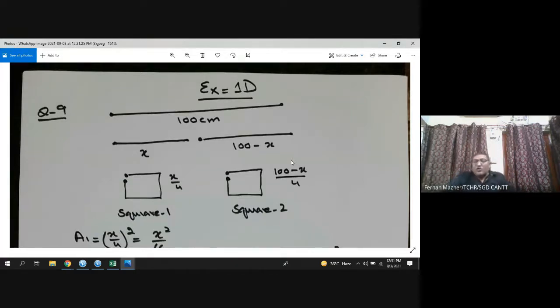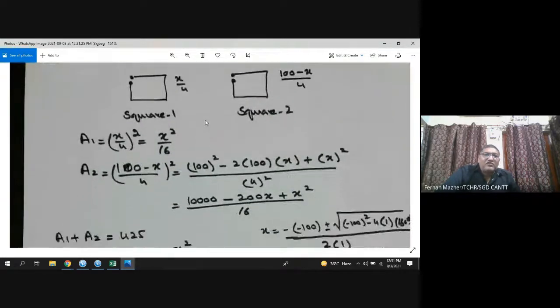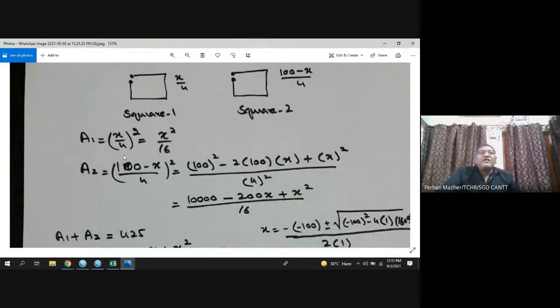So now I know the length of the first square and the second square in terms of x. The area of the first square will be length multiply length, or L square. So its length is x by 4, its square will be x squared by 16.